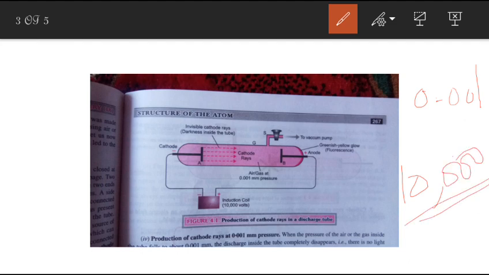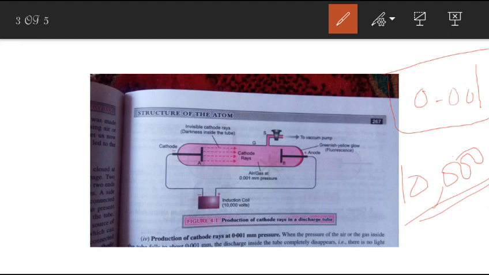So what he observed, when the pressure of the gas inside the tube fell to 0.001 millimeter, was that the discharge inside the tube was complete, and there was no light emitted by the gas.